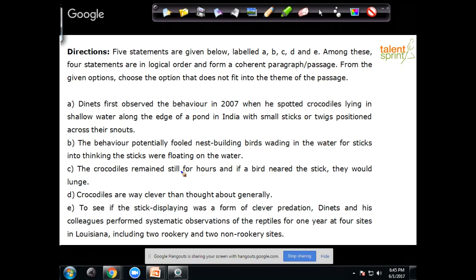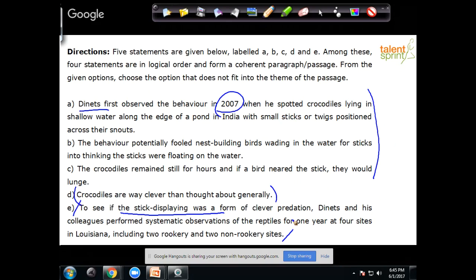So then what happens when these birds come? The crocodiles will remain still for hours, and if a bird nears the stick, they would lunge. Now D is breaking this sequence, this story that is happening here. And the story makes sense because this guy Dinets made this observation first in 2007, to ensure if this stick displaying was a form of clever predation.